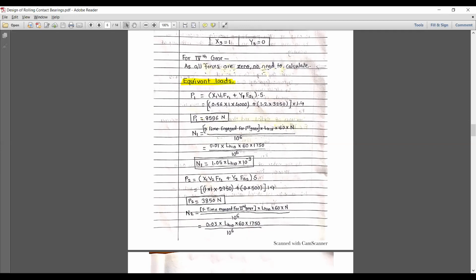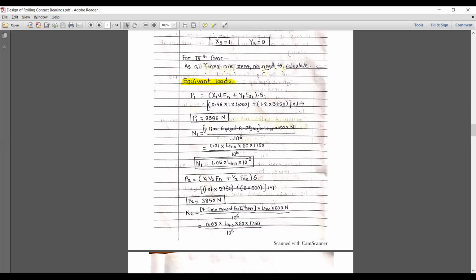Putting in the value of X as 0.56 and all the other values, we get the value of P as 8596 Newton.